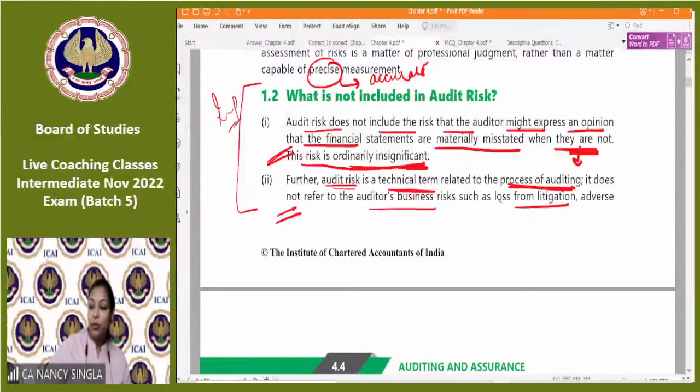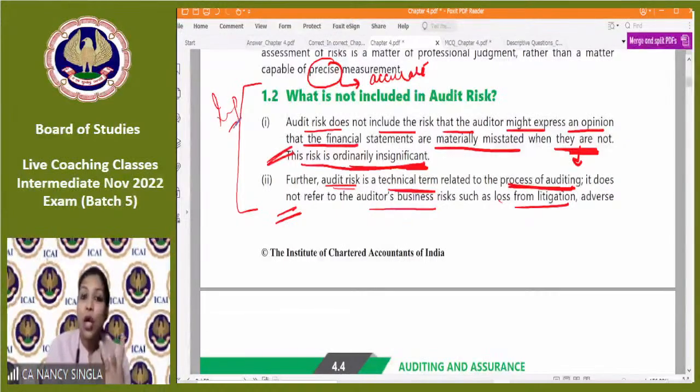So what is not included in audit risk? See, what is audit risk? The auditor gives an inappropriate opinion when the financial statements are materially misstated. But the vice versa, that the financial statements are not materially misstated but the auditor gives such an opinion. First of all, management won't let that happen. Management will not let it happen that there is no misstatement in the financial statements but the auditor gives an opinion that the financial statements are materially misstated. And this risk is ordinarily insignificant. That is why it is not covered in audit risk.